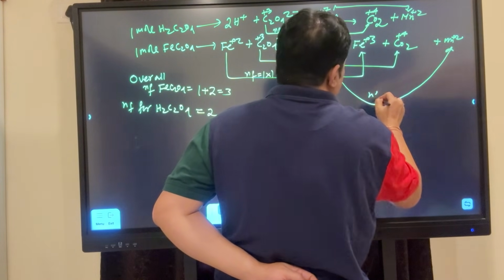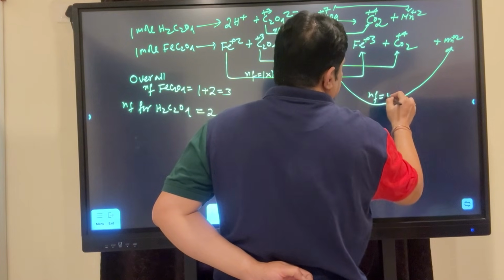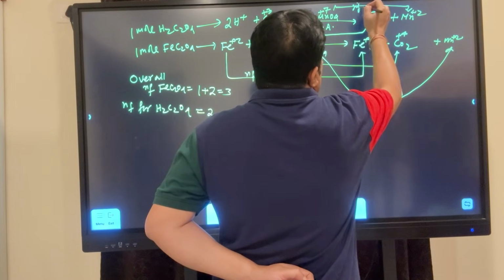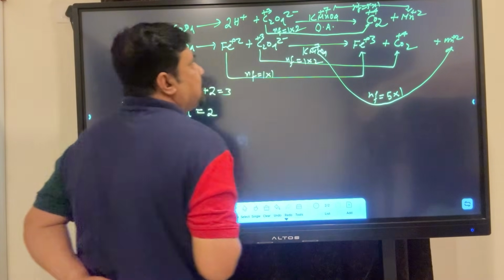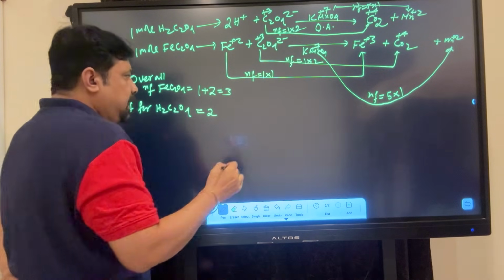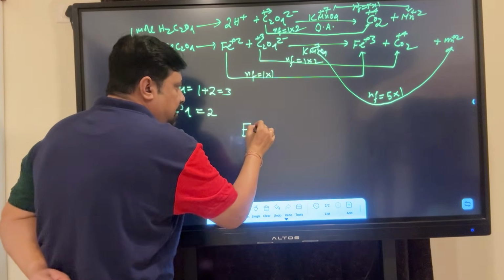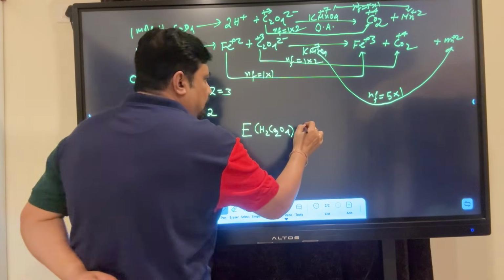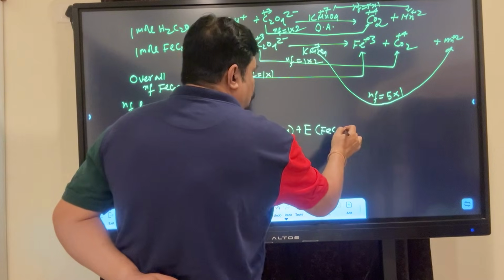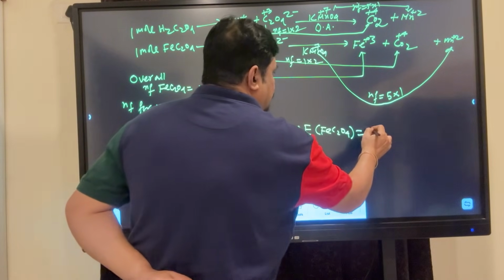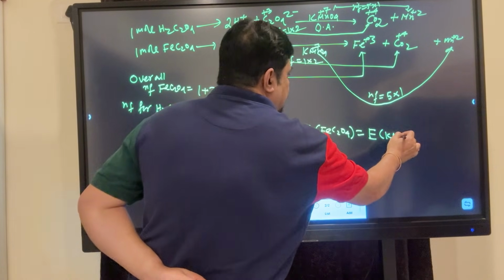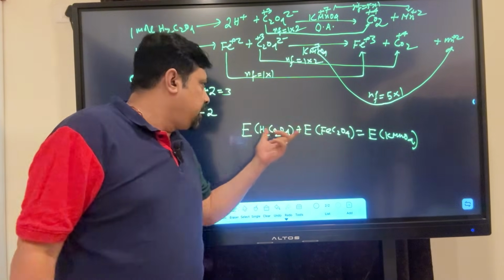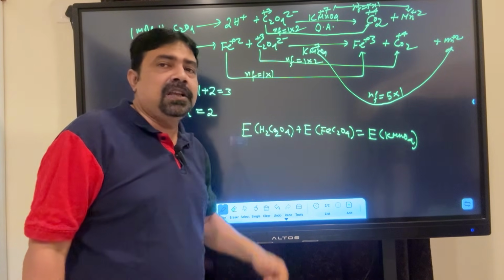So in both cases the N factor for the permanganate ion, the change in oxidation state, is 5 into 1. Here the change in oxidation state is 5 units, 1 manganese atom, so in both cases the N factor will be equal to 5. Now I will simply apply the equivalence of oxalic acid plus the equivalence of ferrous oxalate; that total equivalence will be oxidized by the equivalence of KMnO4. Whatever the total KMnO4 consumption is, that equivalence will be equal to the equivalence of oxalic acid plus the equivalence of ferrous oxalate.